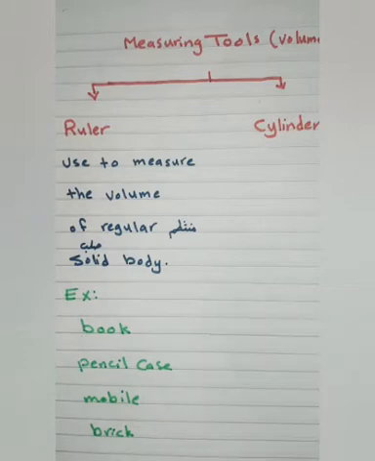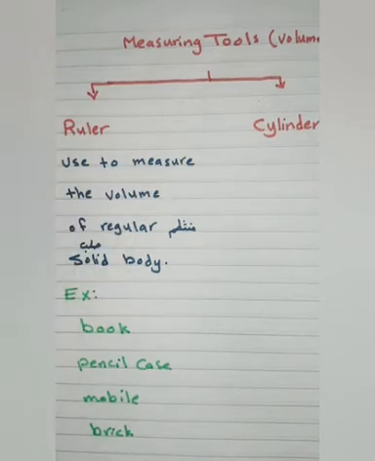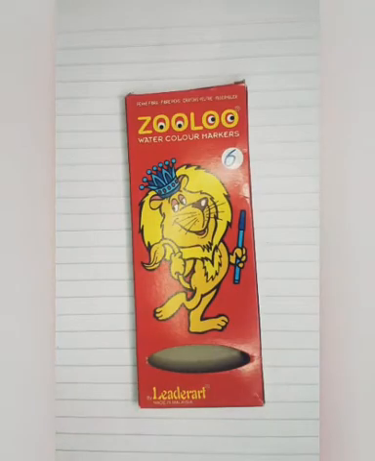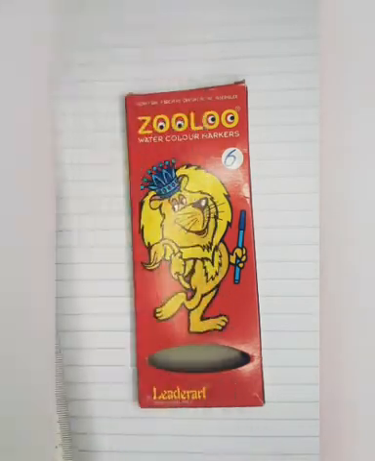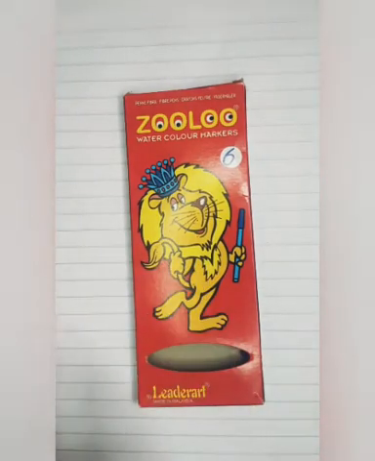Let me give you an example, and from the example we can calculate, هنقدر نحسب and measure the volume of a regular solid body. For example, this is a regular solid body and this is our ruler. How can we calculate and measure the volume of this regular solid body?